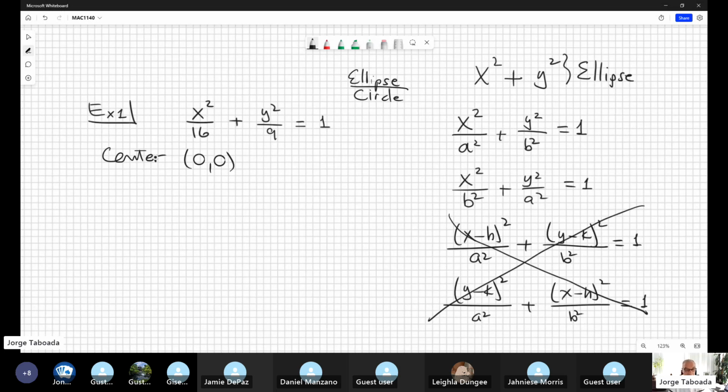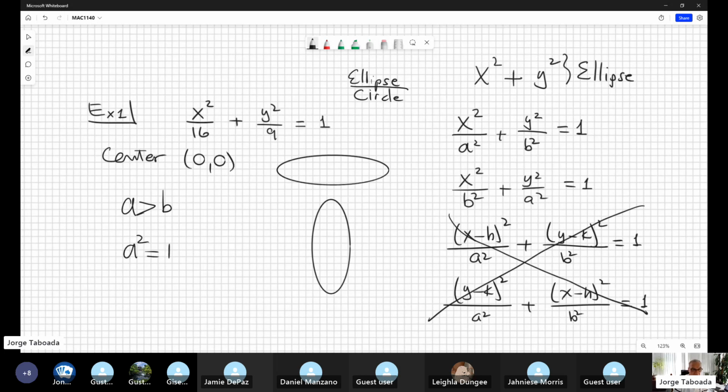So what is the orientation? How does my ellipse look? Like that, or like that? Well, the professor explained at the beginning that I suppose a is always bigger than b. So in the ellipse, what is the bigger number between 16 and 9? Oh, 16 is the bigger, because I consider that a squared is 16 and b squared is 9.